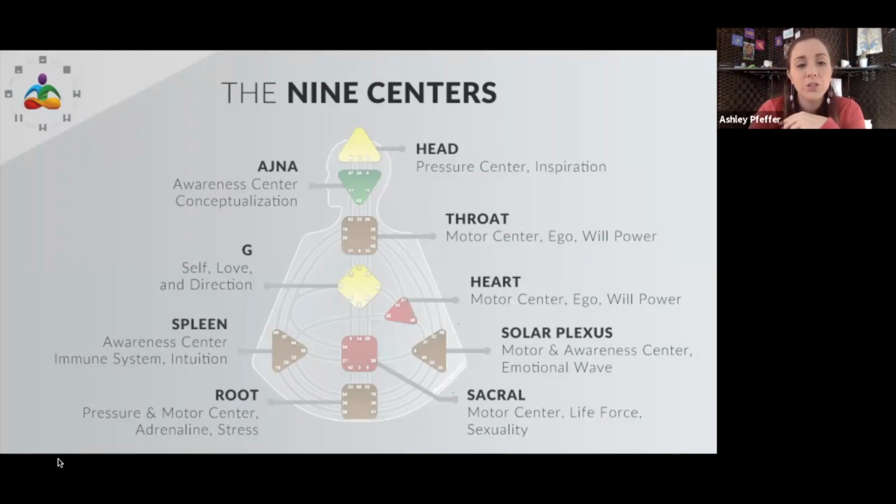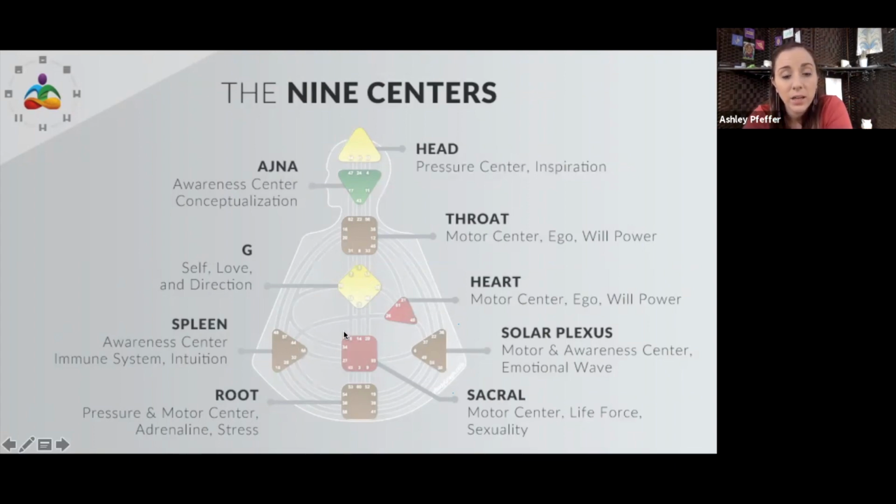And then we have the G center, which we said is self-direction and love. Your heart, another motor center: ego and willpower, motivation. I call this the will center. A lot of people use will center and heart interchangeably, but I like calling it the will center because it's for willpower and motivation. And then we talked about the splenic: intuition, immune system, fears.